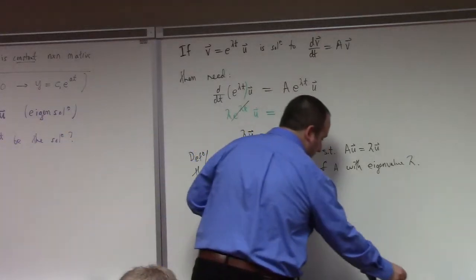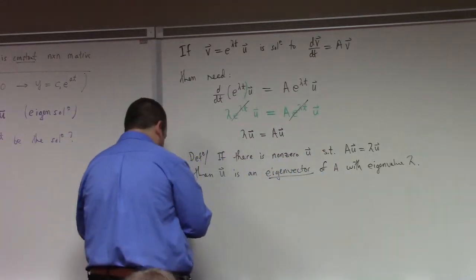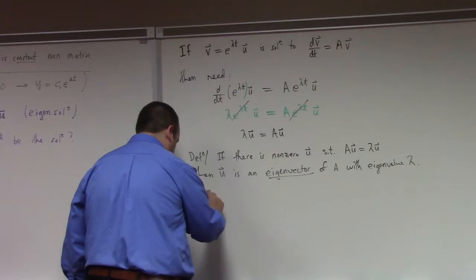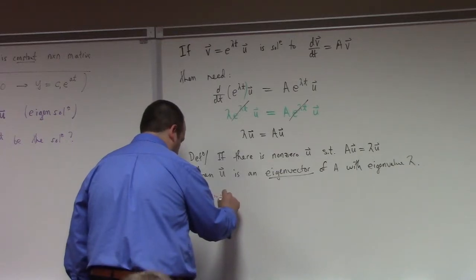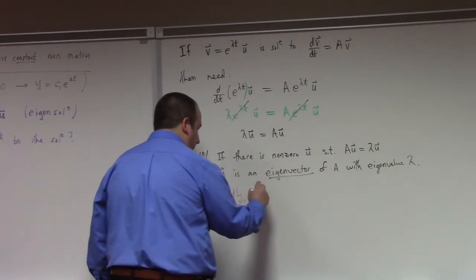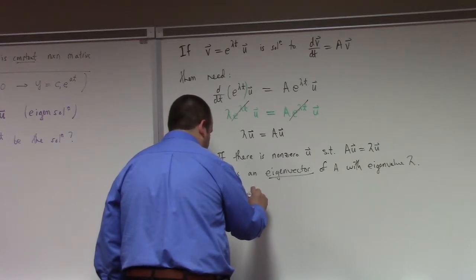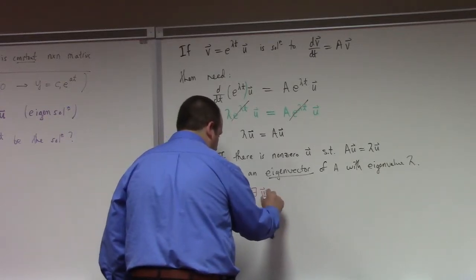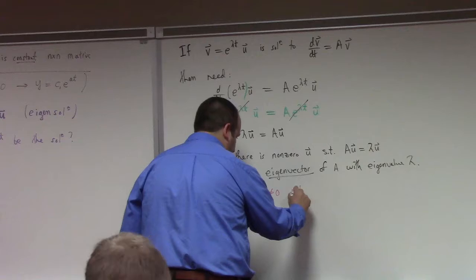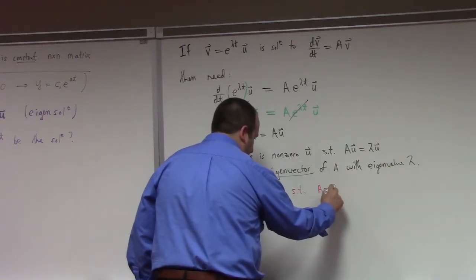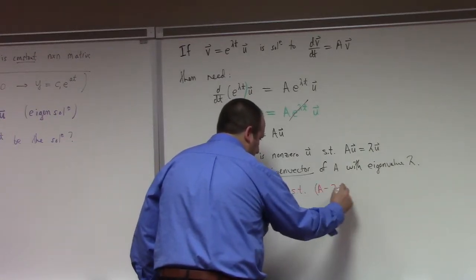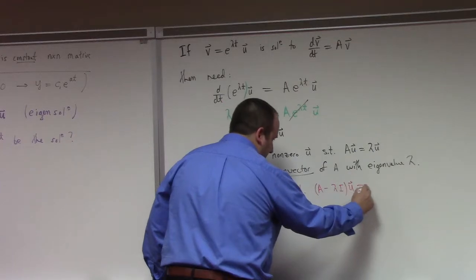Equivalently, there exists u not equal to 0 such that (A minus lambda times the identity matrix) times u is equal to 0.